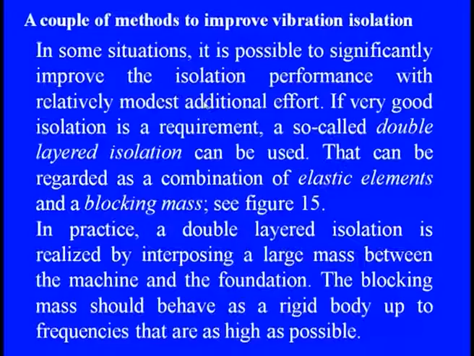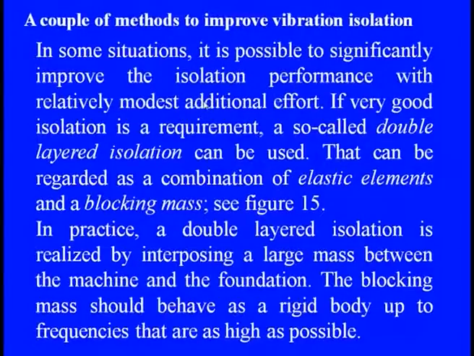In that, we can provide either the spring as the isolator material, or the damping as isolator material, or the masses themselves, the blocking masses. So double layer isolation is really important, and it is realized by interposing a large mass between the machine and the foundation.